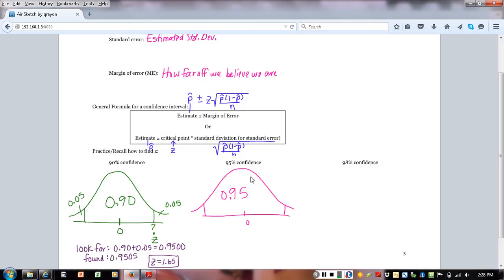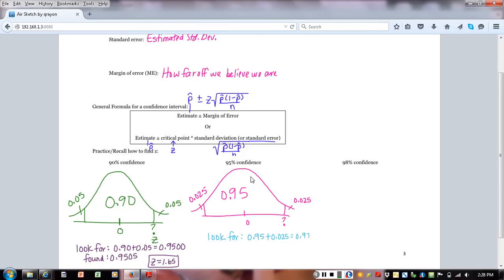So we have 95% in the middle, 5% left over, so we split up, so we have 2.5%, which in decimal form is 0.025 on either side. We're going to go to the table here looking for everything to the left of our question mark. So that's going to be 0.95 plus that 0.025.